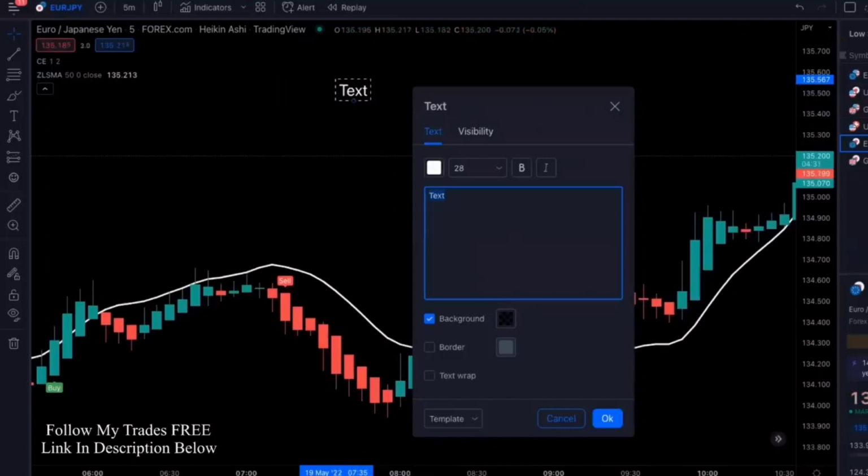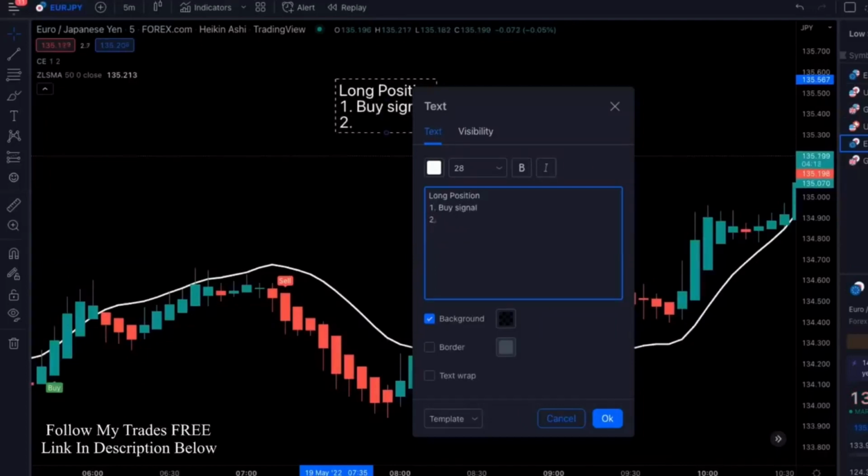When you're looking for a long position on here, the first thing you need to do is make sure that you've got the buy signal.